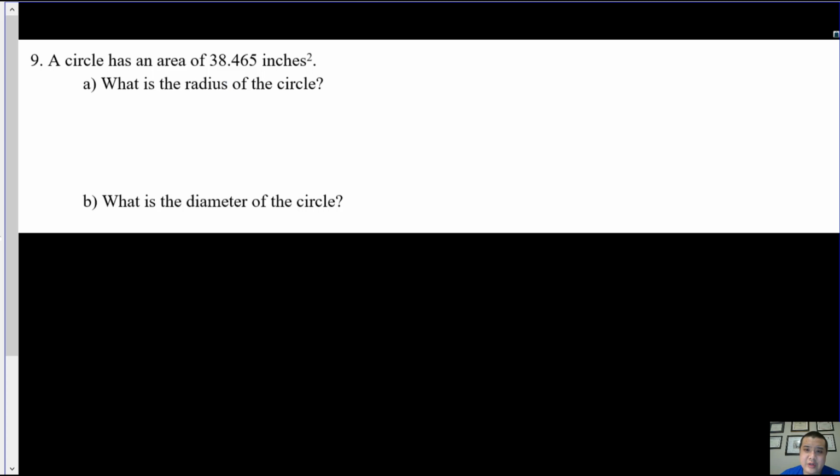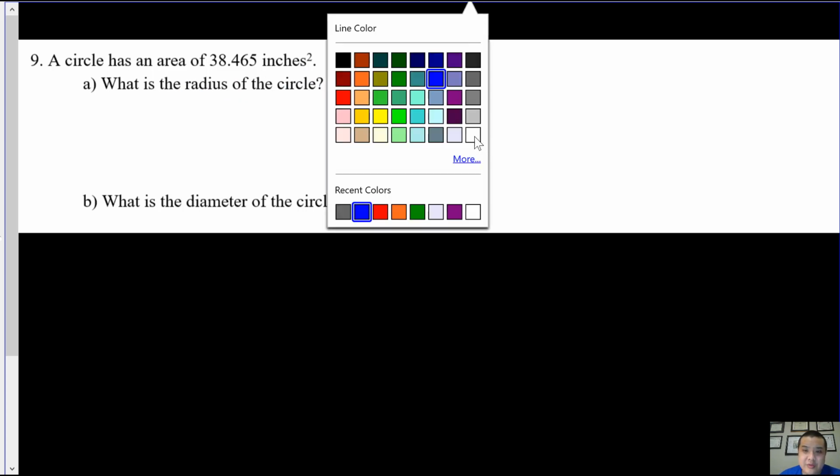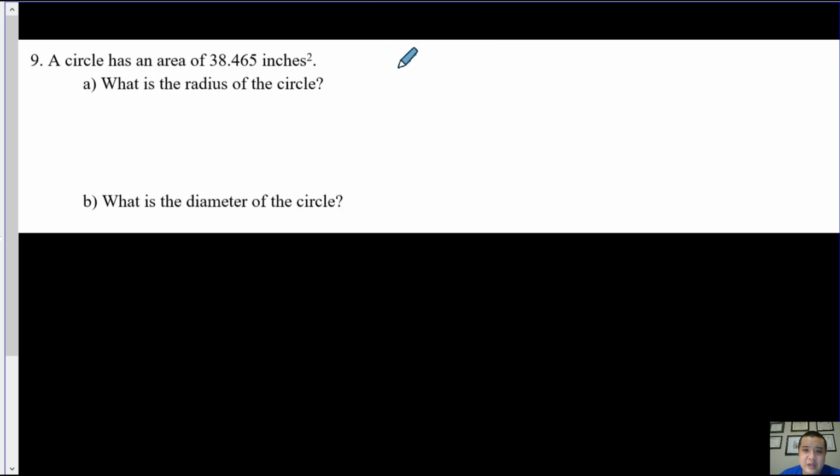So now we're going to start working into some algebra with this as well. Okay, so a circle has an area of 38.465 inches squared. What is the radius of the circle? So again, we're going to use the area formula because we're given the area. Okay, area equals pi r squared, and we know that the area is 38.465. And we know that the formula for that is 3.14 r squared.